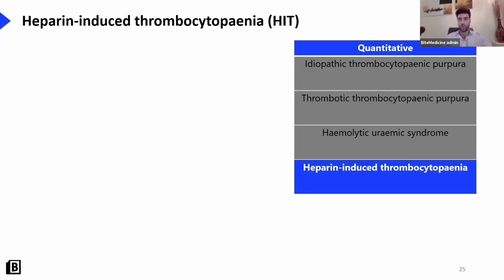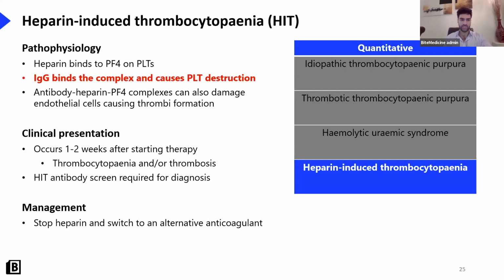The final quantitative cause of thrombocytopenia that I want to discuss is heparin-induced thrombocytopenia. We briefly touched on this last week, but what happens is in some patients, rarely 5% or less, you give heparin and it binds to this thing called PF4, platelet factor 4, on platelets.